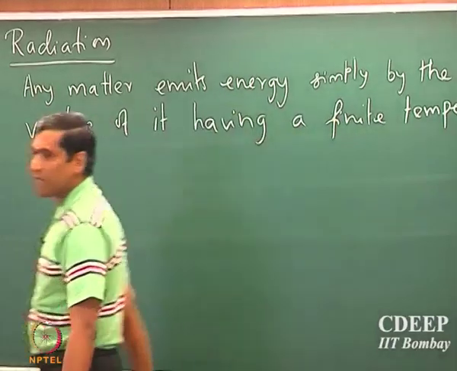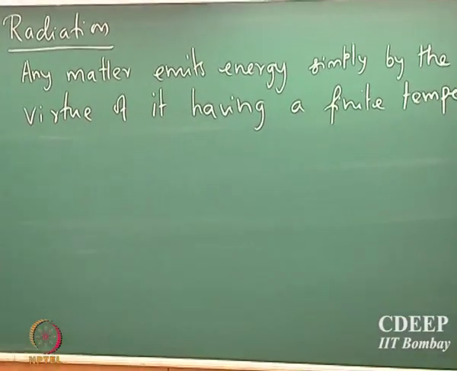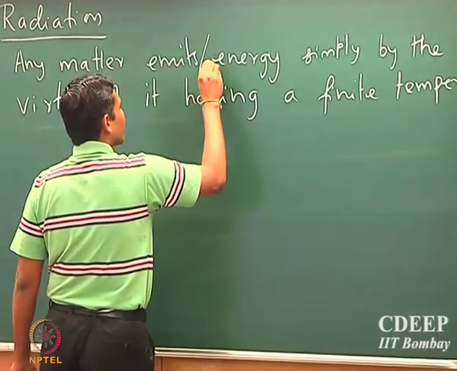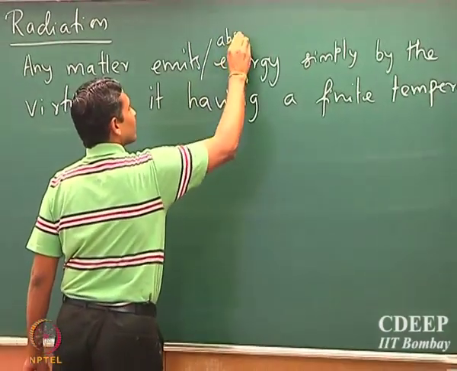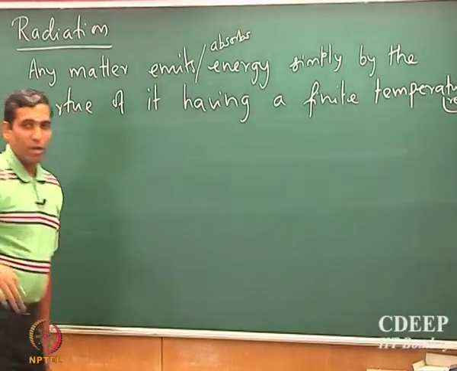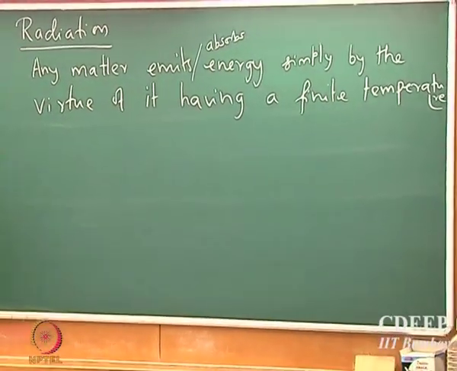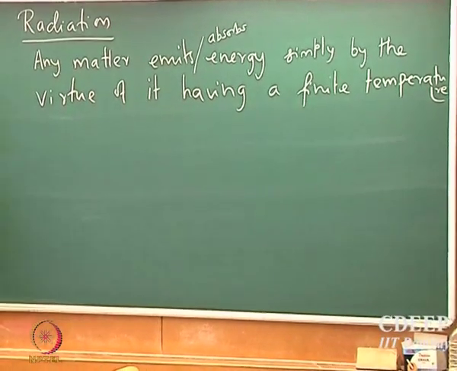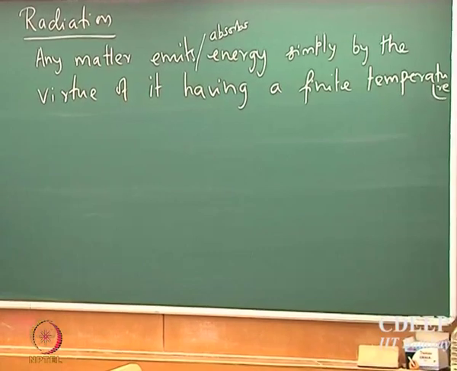So, this is the most general definition. In fact, we can qualify it better by saying emits or absorbs, etc. We will worry about transmission later. So, in general, any matter emits or absorbs energy simply by virtue of it having a finite temperature.